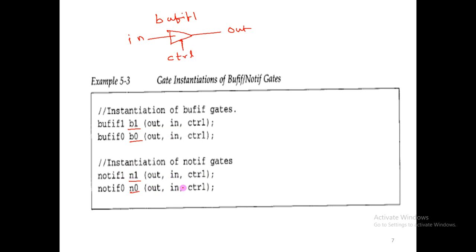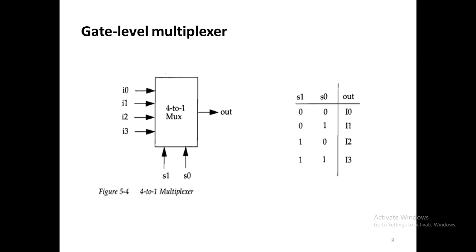Okay, so I think up till here there are no doubts for you. So let us take an example of a gate level multiplexer. A gate level multiplexer is a simple multiplexer design using gate level modeling. A 2:1 mux would be very simple, so I have taken a 4:1 mux for the focus. A 4:1 mux has 4 inputs, 2 select lines and 1 output, and its truth table has been shown here.